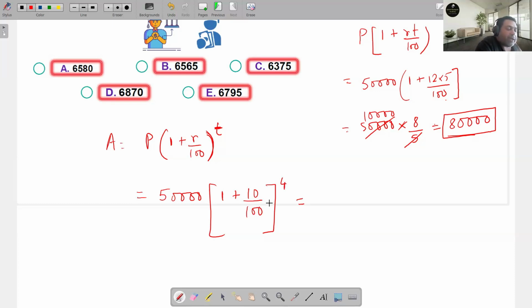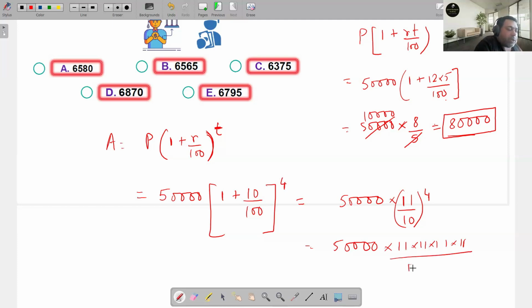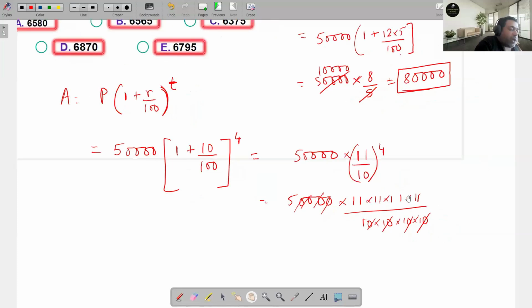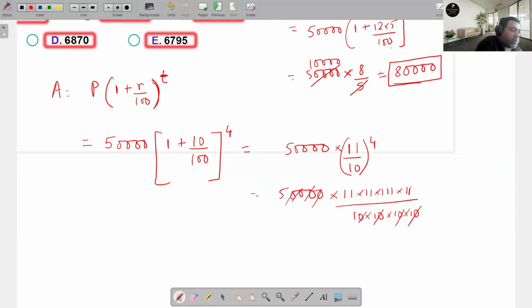Now this is 11 by 10. So 50,000 into 11 by 10 raised to the power 4 is 11 into 11 into 11 into 11 divided by 10 into 10 into 10 into 10. So all these zeros will cancel out, leaving the 5. We need to find the value of 11 raised to the power 4.